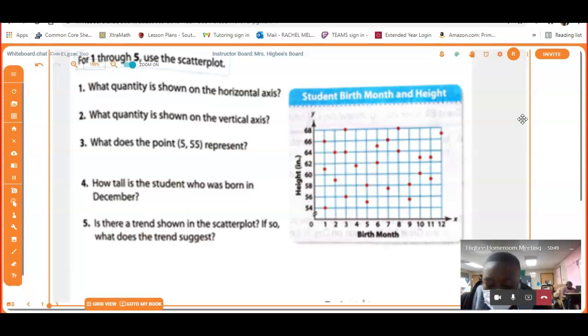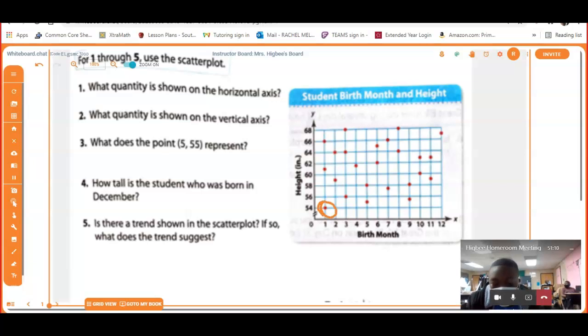We can't say everybody that's born in December is going to be tall. So in mathematical terms, we say there's no correlation between when you're born and how tall you are.